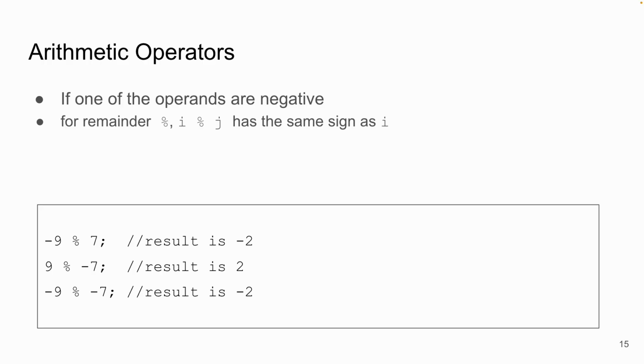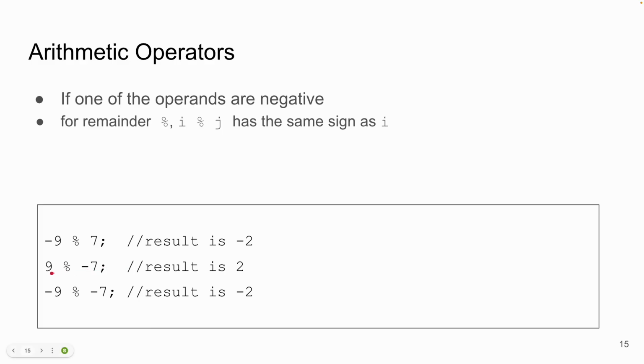If this situation happens in an expression where we use the remainder operator, then the result of this expression will have the same sign as i, which represents the left operand of the expression. That is why we can see the example here. If the value of the left operand is negative, then the result of this expression will be -2.